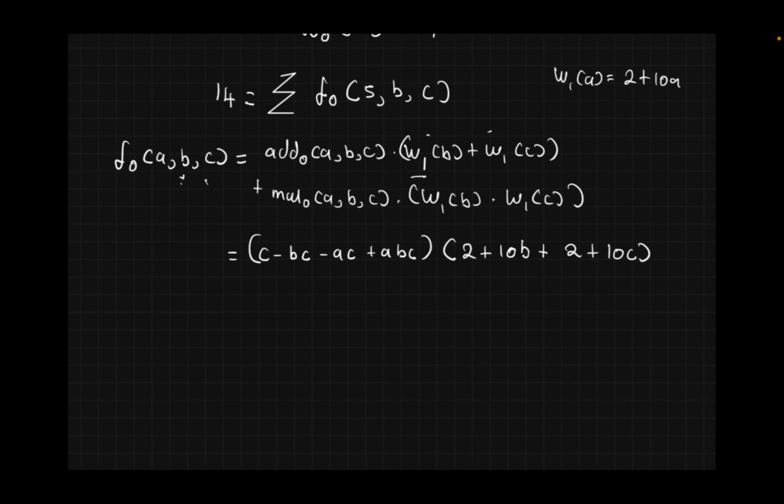Okay? Now, we already know what our A is. Our A is 5. So let's get the full F of B, C. Wherever we see A, we're going to replace it with 5. And that's all, right?